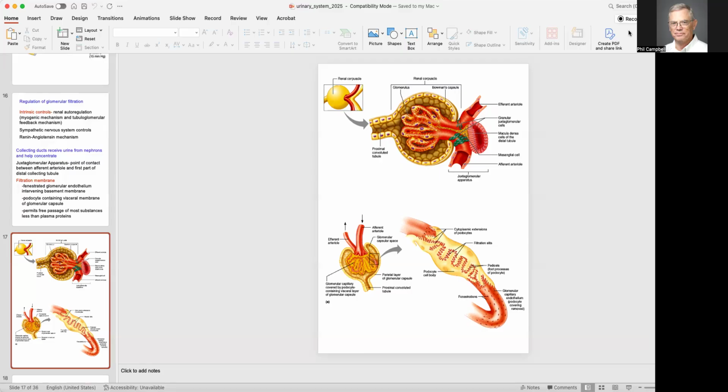That means anything can pass through those holes if it's small enough. Then around this, we have the podocytes, and you have these filtration slits that are formed between adjacent podocytes. So stuff that's being filtered from the blood has to go through these fenestrations and then through these slits.